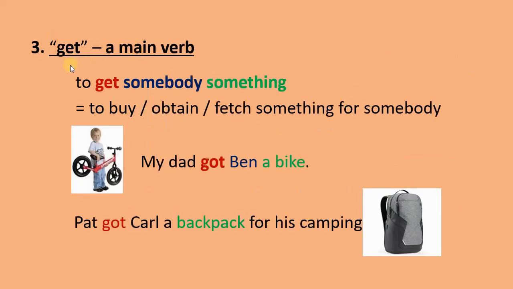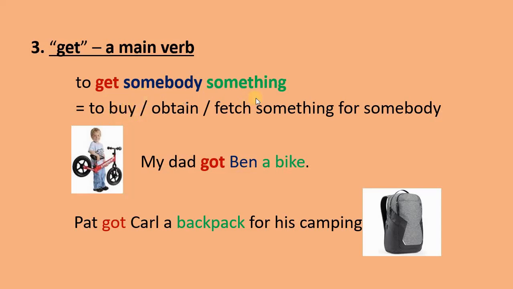Number 3, get as a main verb. Definition, to get somebody something. To get somebody something means to buy. This is slightly complicated, guys.